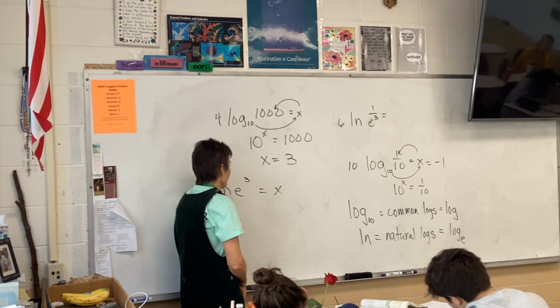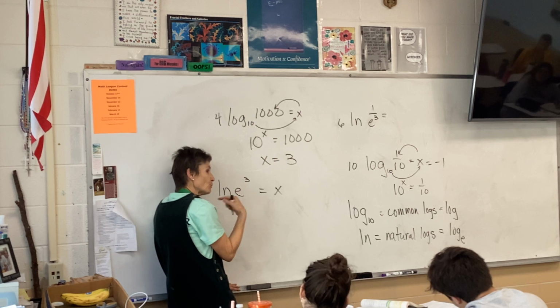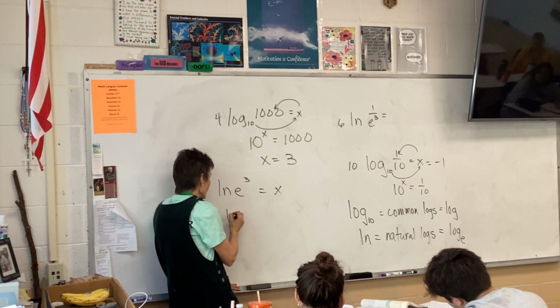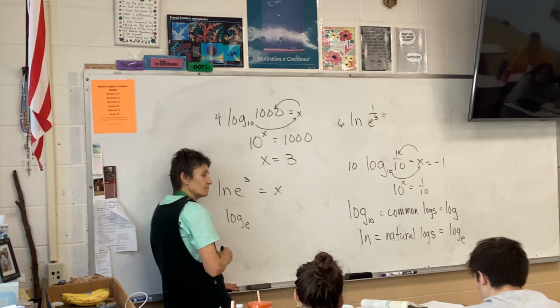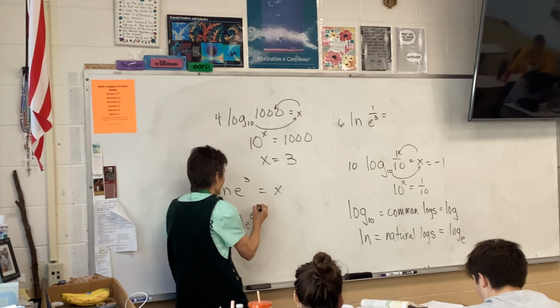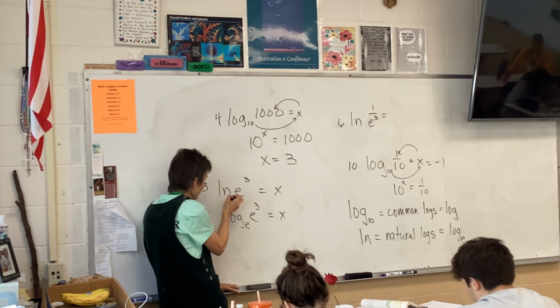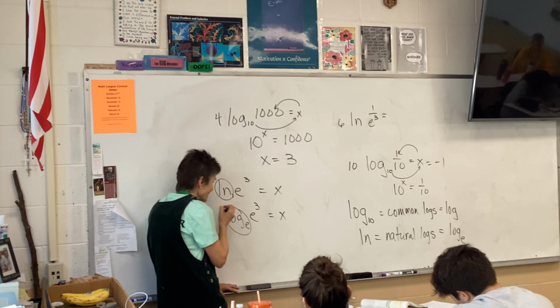Thank you. Okay? So when I look at problem 3, I am going to rewrite this as log base e. That's what ln stands for, log base e of e to the 3rd equals x. So ln becomes log base e.